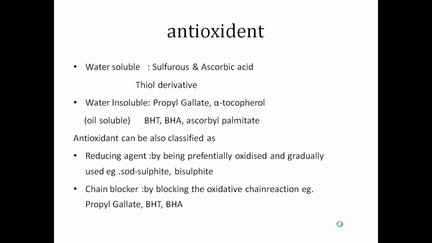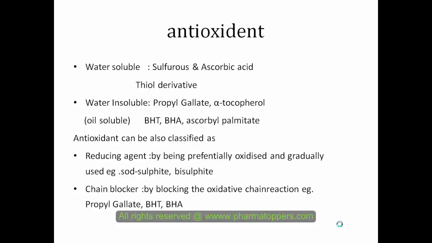The second type is water insoluble, that is oil soluble. These are propyl gallate, alpha tocopherol, butylated hydroxytoluene, that is BHT, and butylated hydroxyanisole, that is BHA, and ascorbyl palmitate.